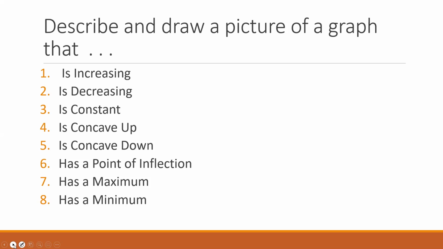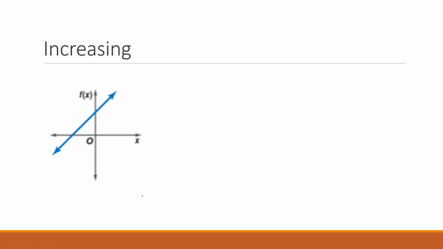So our first term is increasing, and a graph that is increasing is a graph that is uphill, and that is a very colloquial description.